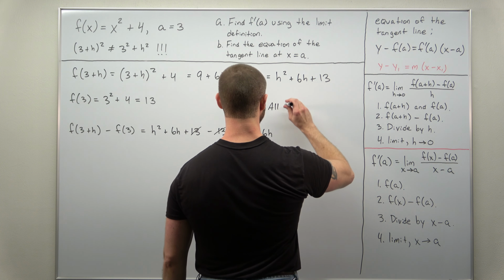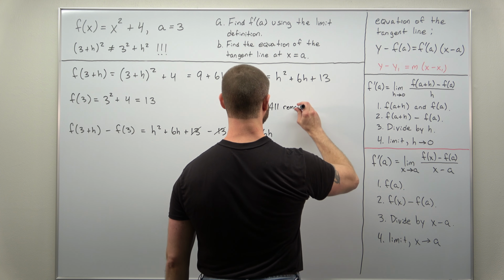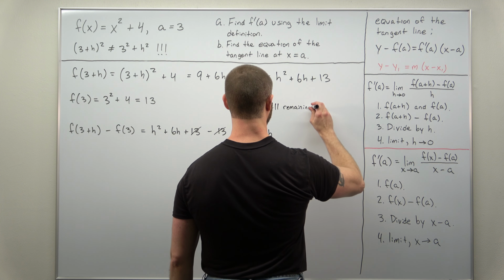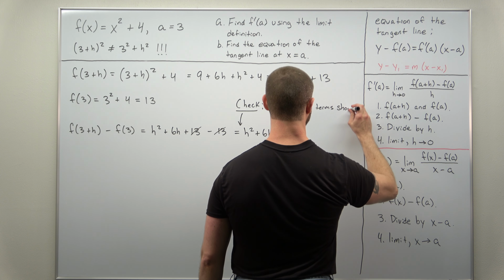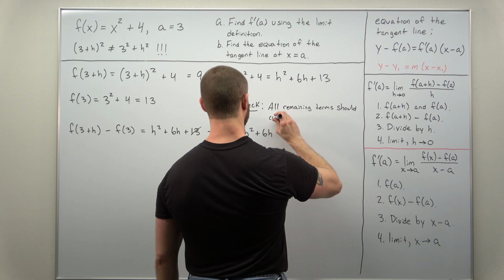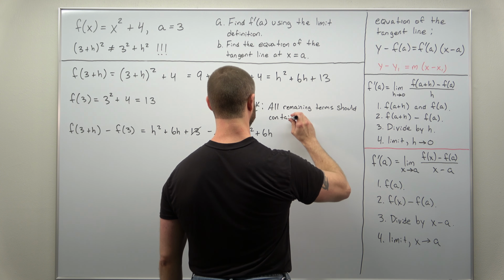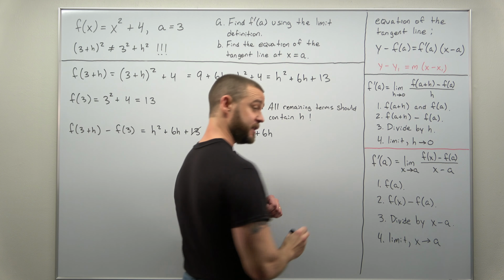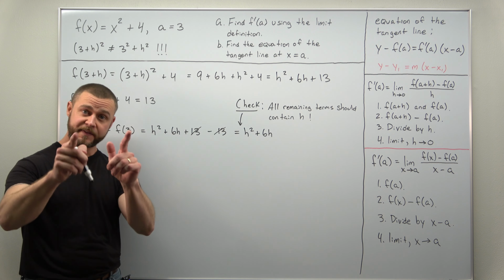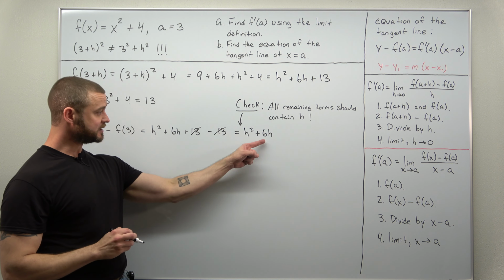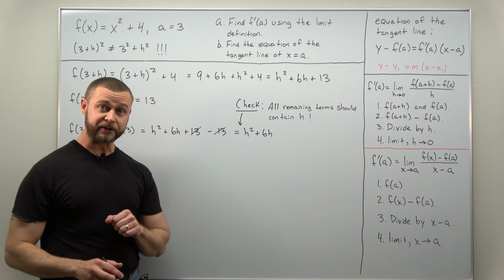So let's write the check as all remaining terms should contain h. And here they do. We have h squared. That has a factor of h in it. And 6h, that also has a factor of h.